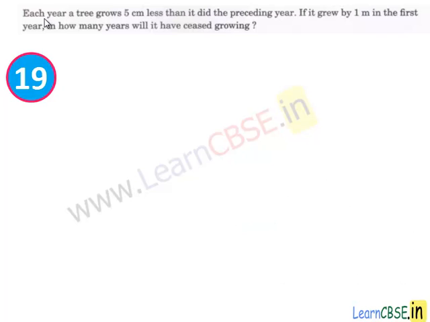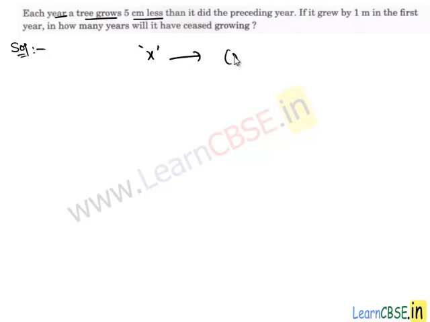In this question, each year a tree grows 5 centimeters less than it did the preceding year. If it grew by 1 meter in the first year, in how many years will it cease growing? That means we have to find the number of years in which the tree stops growing. If x units is the growth of the tree in a year, then in the next year it grows by x minus 5 units.